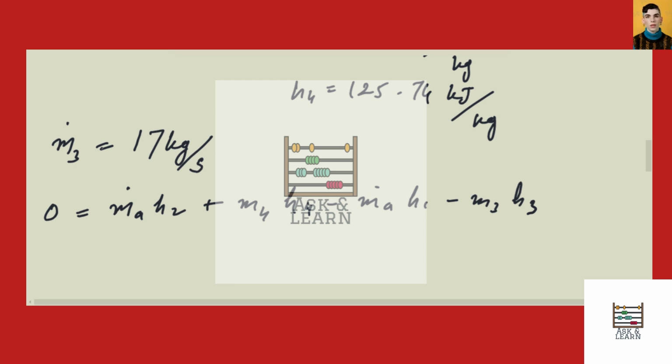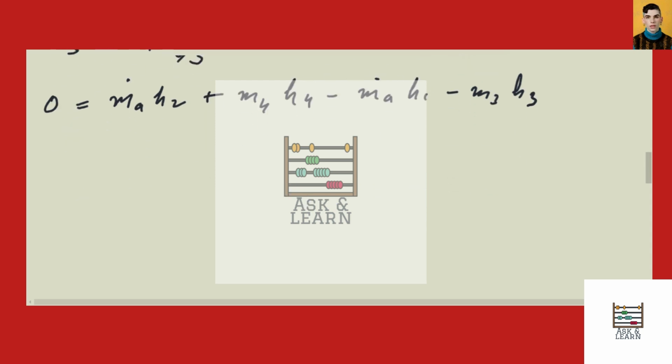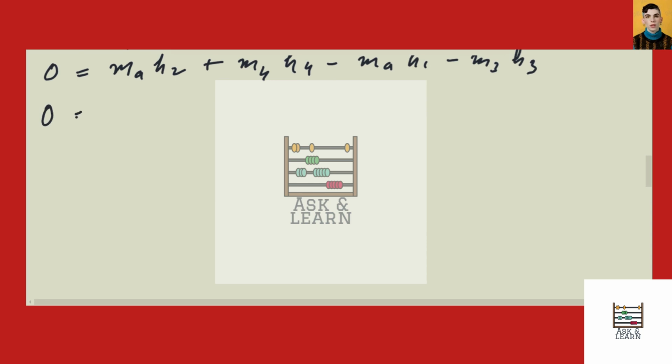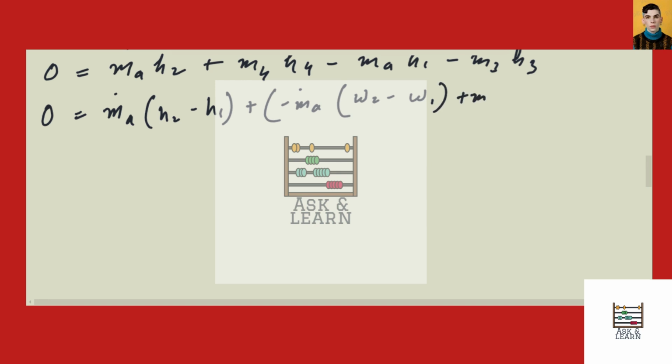Next, we have 0 = Ma (H2 − H1) + Ma (W2 − W1) H4 + M3 H4 − M3 H3.